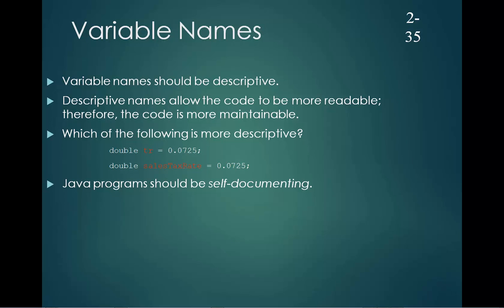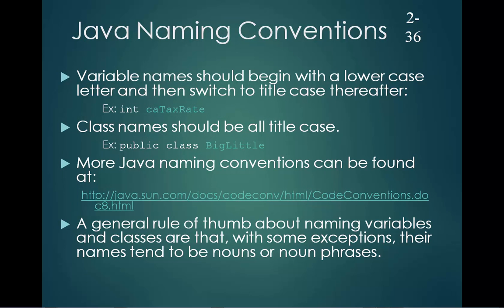What that means is that the form of the program and the way the identifiers are chosen should be understandable to the reader of the program, what the program does, without any additional explanation. Of course, sometimes it's very useful to have additional explanation, but that's a principle to make Java programs self-documenting.